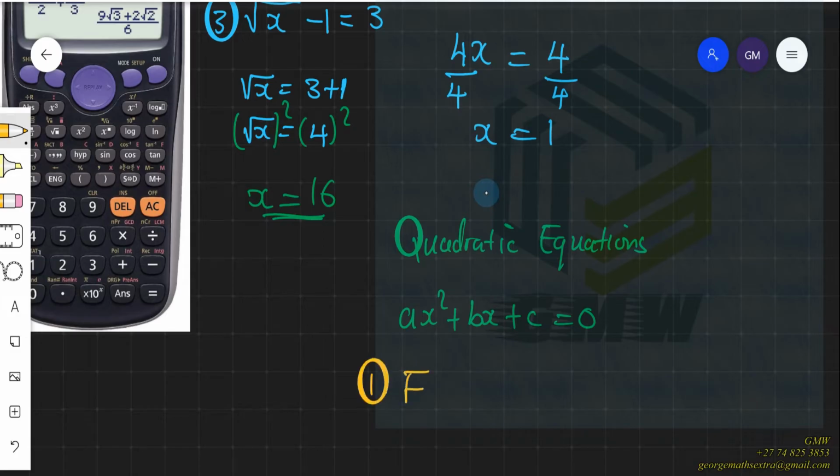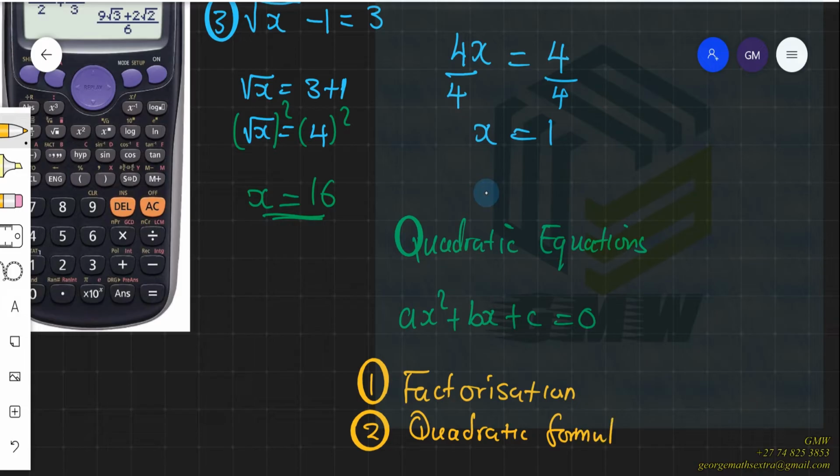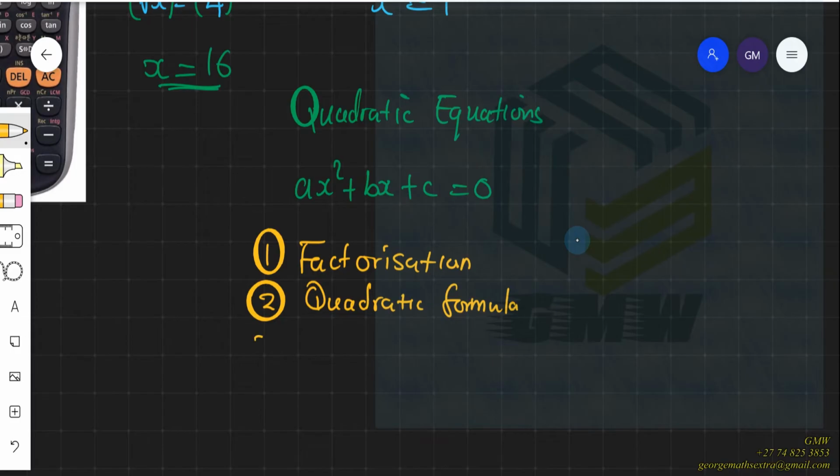Number one, you can solve a quadratic equation by factorization if it has factors, or number two, by the quadratic formula, or number three, completing the square. All these are methods that you can use to solve quadratic equations.